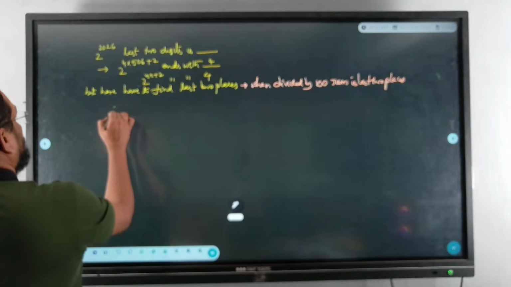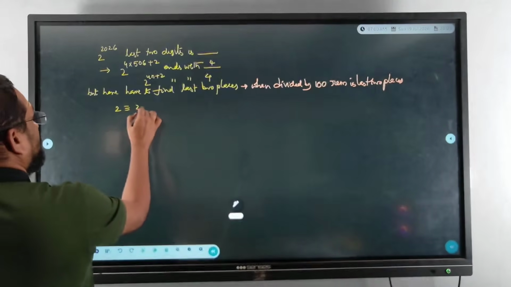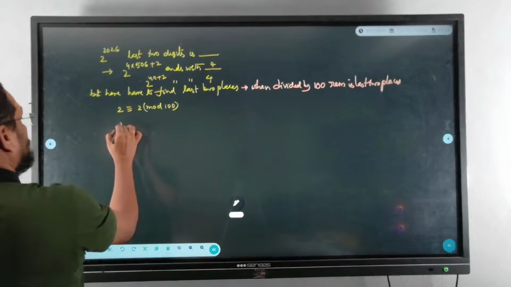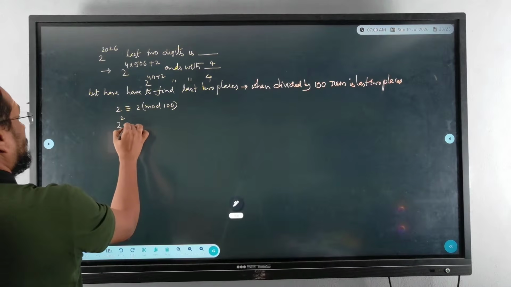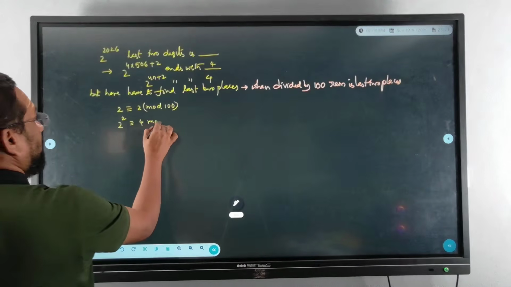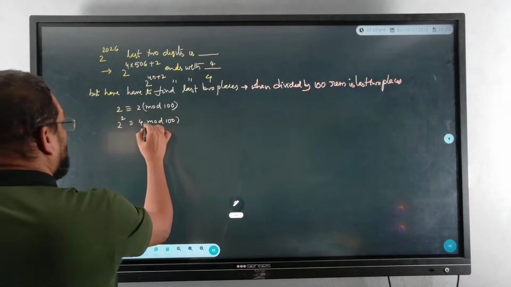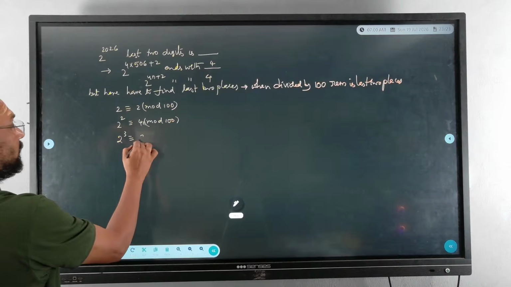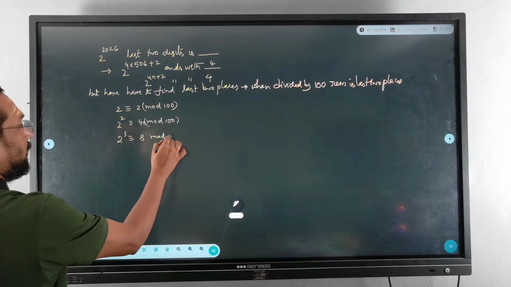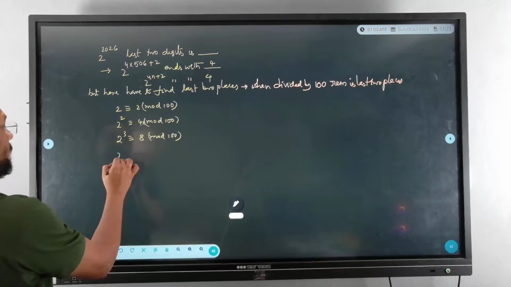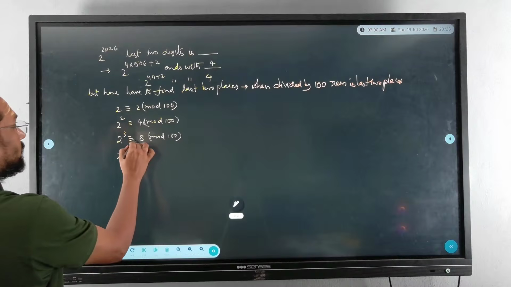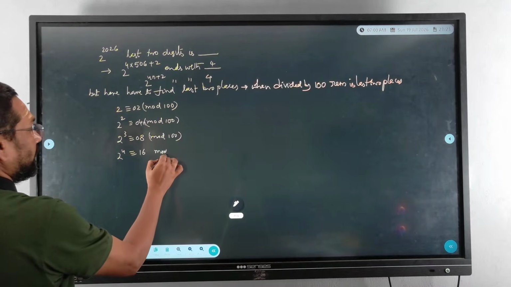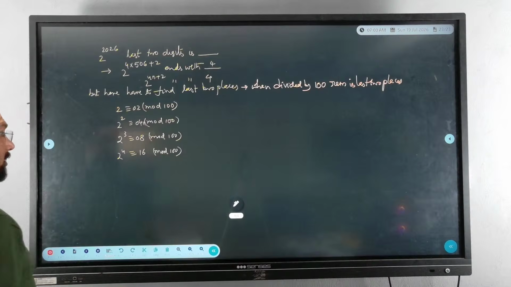So 2 congruent to 2 mod 100, 2 square congruent to 4 mod 100. Once observe, these are all the required ones. 2 power 3 congruent to 8 mod 100, 2 power 4 congruent to 16 mod 100. Once observe here.